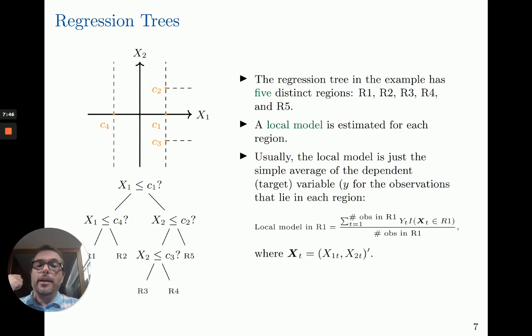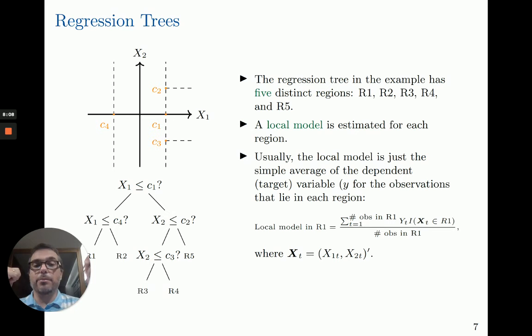Okay? And how complex is the model? In fact, it's pretty simple. We are basically going to take the values of the dependent variable that lie in each specific region, and take the average.